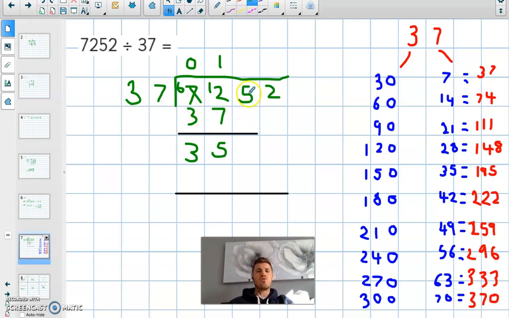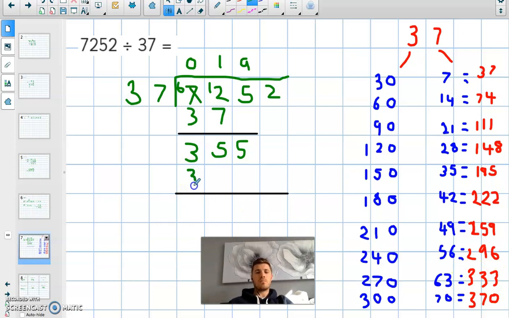And what I'm going to do is drop this next digit down. So now I see how many 37s are in 355. I can then refer back to my 37 times table, and I know there's 1, 2, 3, 4, 5, 6, 7, 8, 9. There's 9 37s in 355. But I end up on 333.